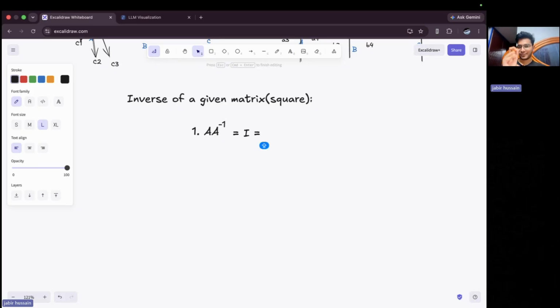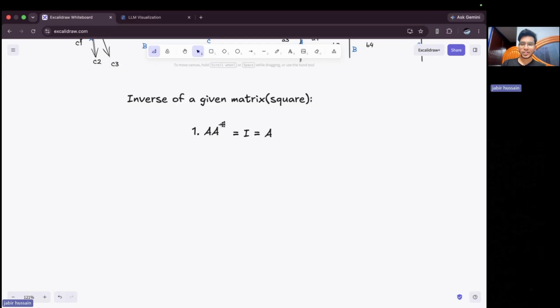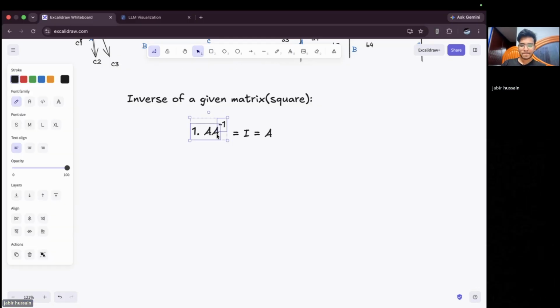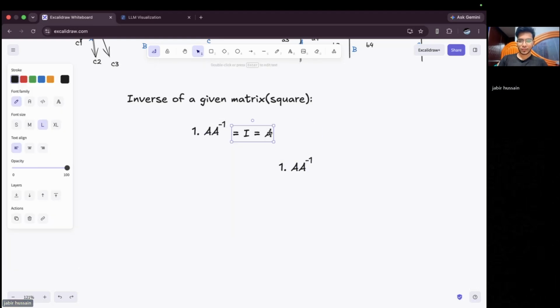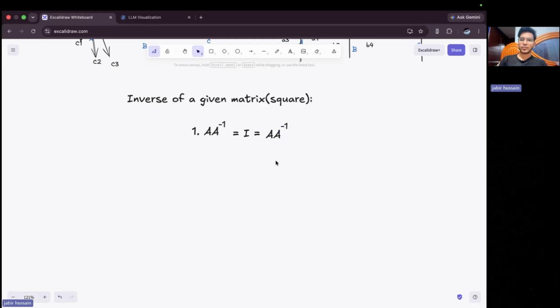And there's another thing about A inverse. Let me copy these two things. I know I'm confusing you guys, but this is really, really important as well.